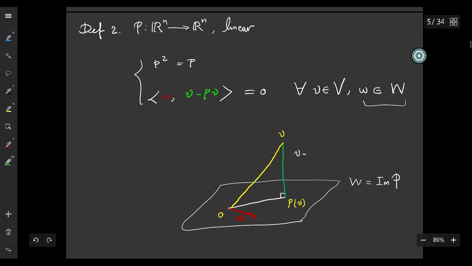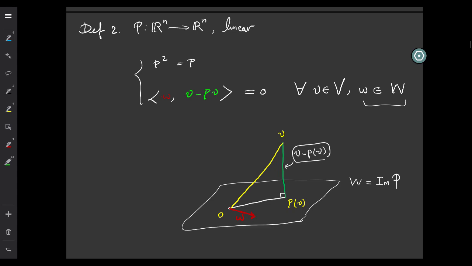So V minus PV is here. Okay, it can be translated to the origin, but the picture is good enough, I suppose. So this is orthogonal to every element of the subspace W. And that's what we demand for an orthogonal projection.